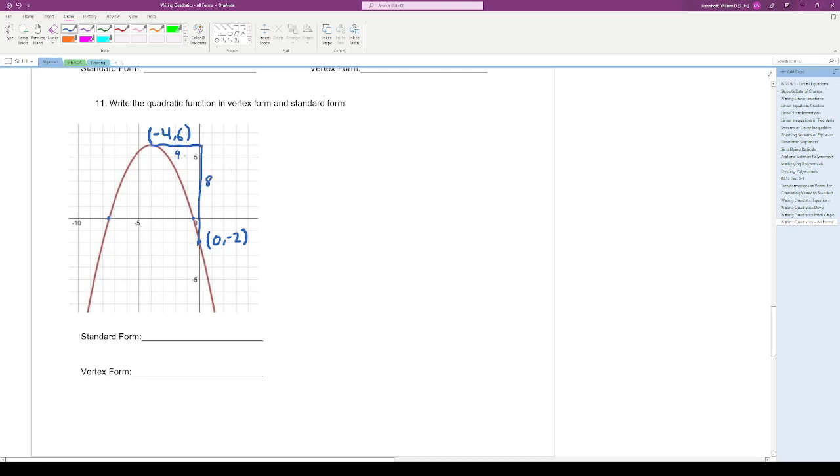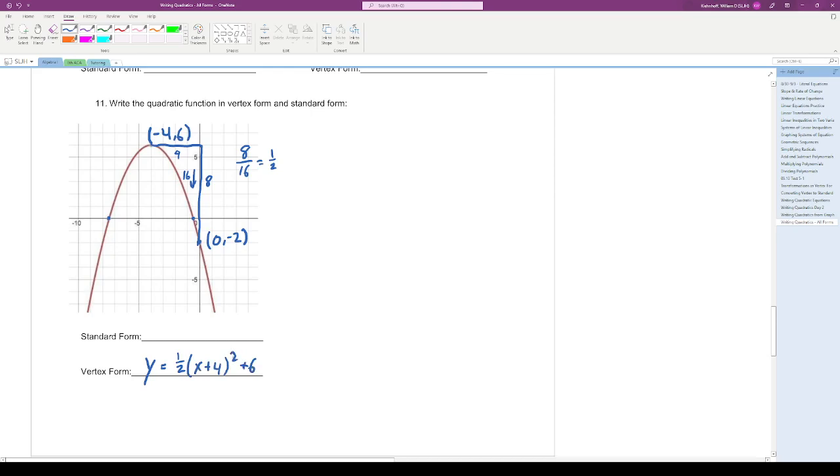So thinking about my parent function, if I go 4 units over, then I should go down 4 squared. So I would expect to go down 16 units, but I only went down 8. So 8 over the expected 16 means my a value is 1/2. So my vertex form is y equals 1/2, and then we've got x plus 4 squared plus 6.